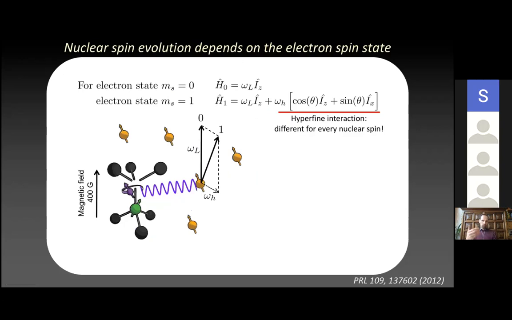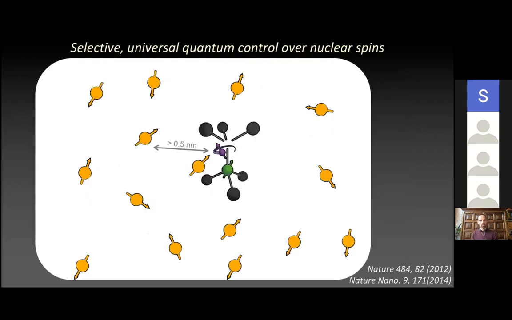Now, it turns out that if you take these individual interactions, and you're not targeting individual nuclear spins, you can actually form universal control over these nuclear spins. You can do any gate that you want because you basically have access to 2 different rotation axes of these spins.